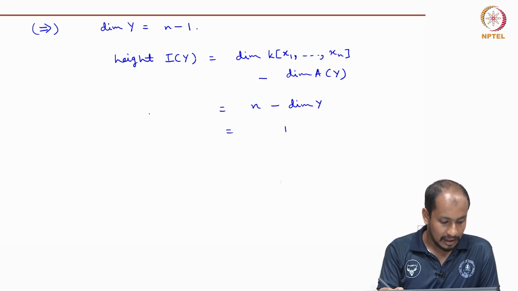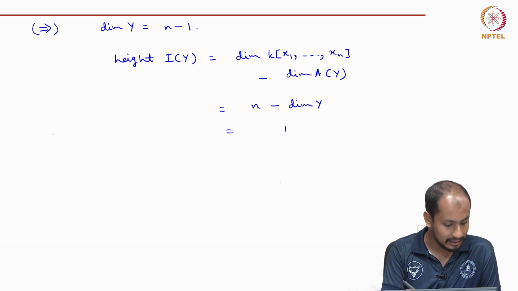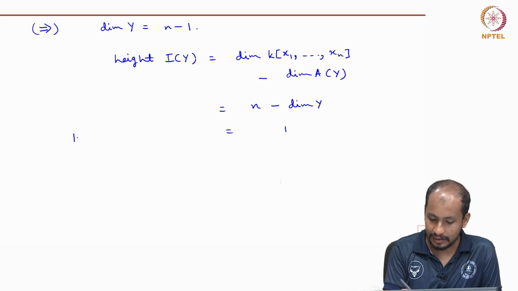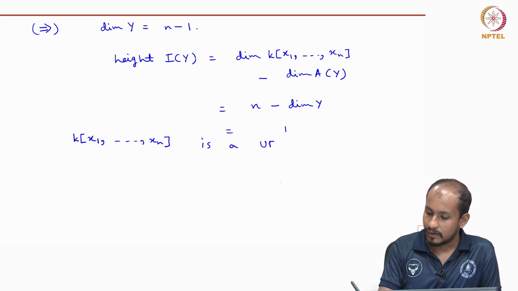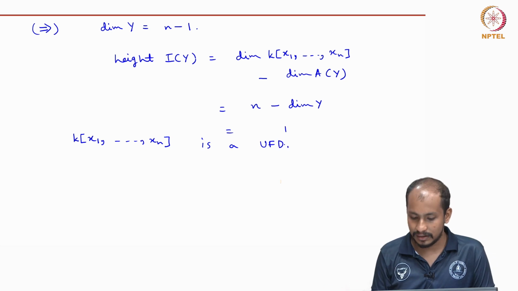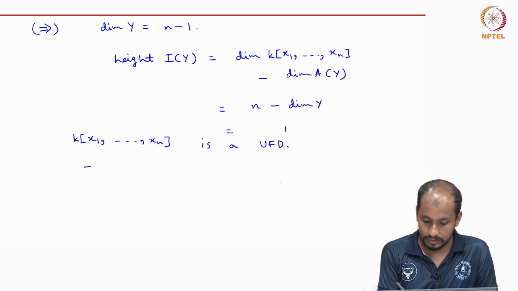Okay. Now we know that k[x1, up to xn] is a UFD, right? Now, in the last tutorial I stated that a Noetherian domain is a UFD if and only if its height 1 prime ideals are principal. So this I_Y will be principal.